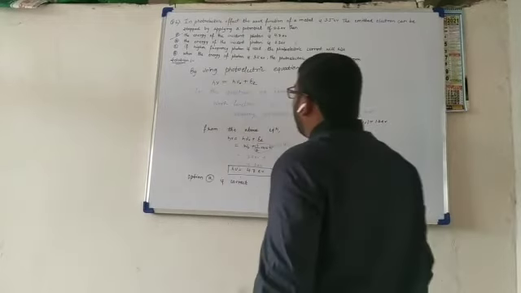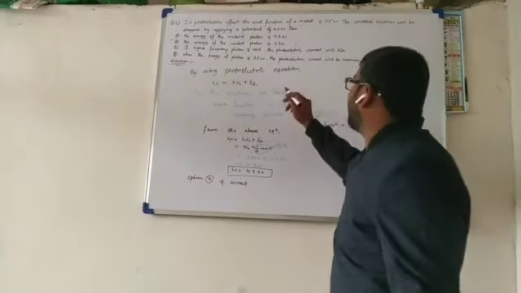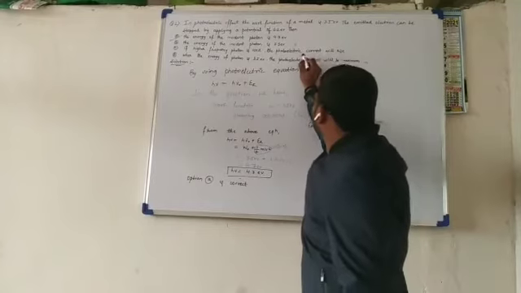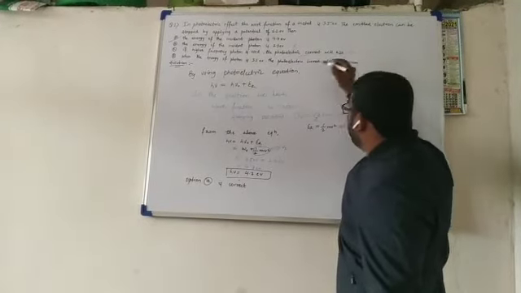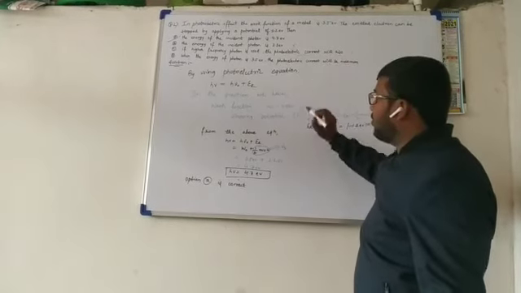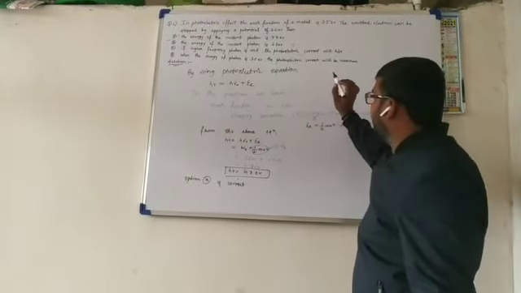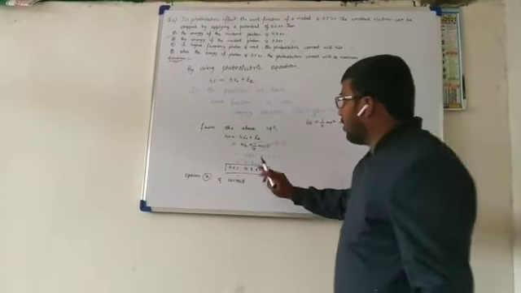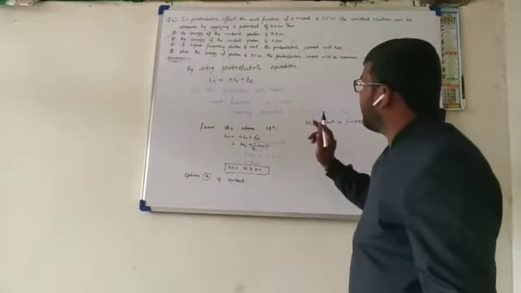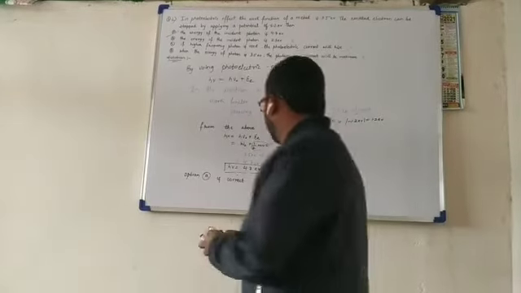And the third one, if a higher frequency photon is used, the photoelectric current will rise. Here the question is asking only about the incident photon, so this is also wrong. And the last one, when the energy of the photon is 3.5 electron volt, the photoelectric current will be maximum. This is also wrong. So our answer is the first option, the energy of the incident photon is 4.7 electron volt.